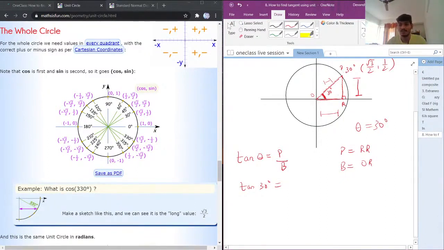The distance of PR cannot always be given by just y, because sometimes the center does not lie at 0 comma 0. The center can be at say 4 comma 2 or 4 comma 5.